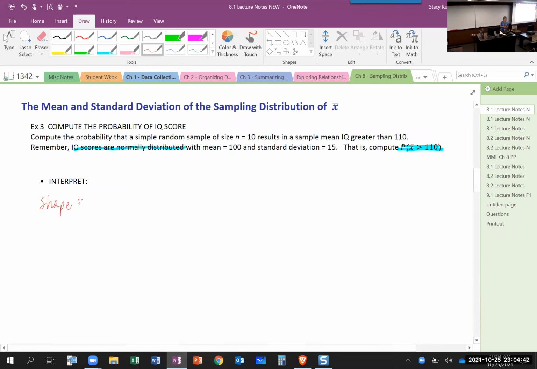So the shape of our distribution is going to be normal, because we're told that the population is normal.